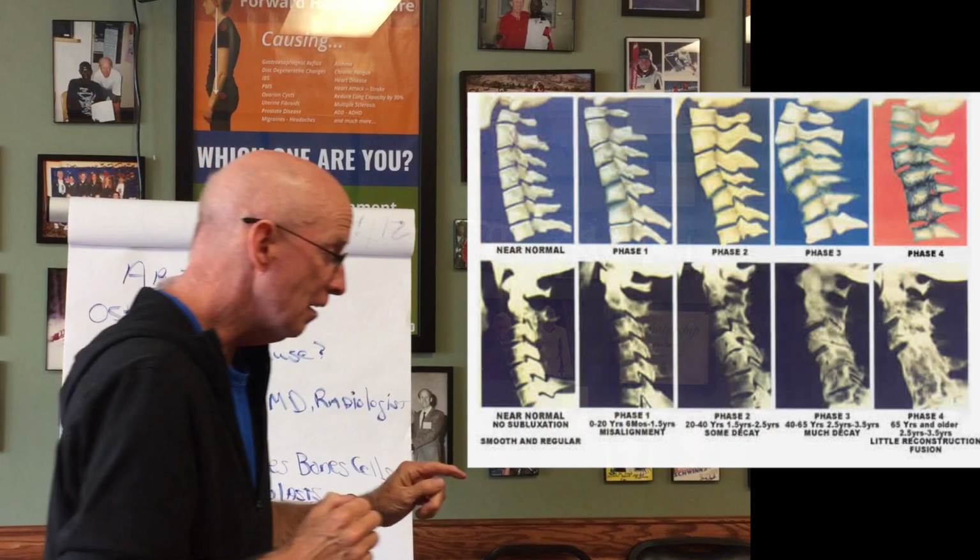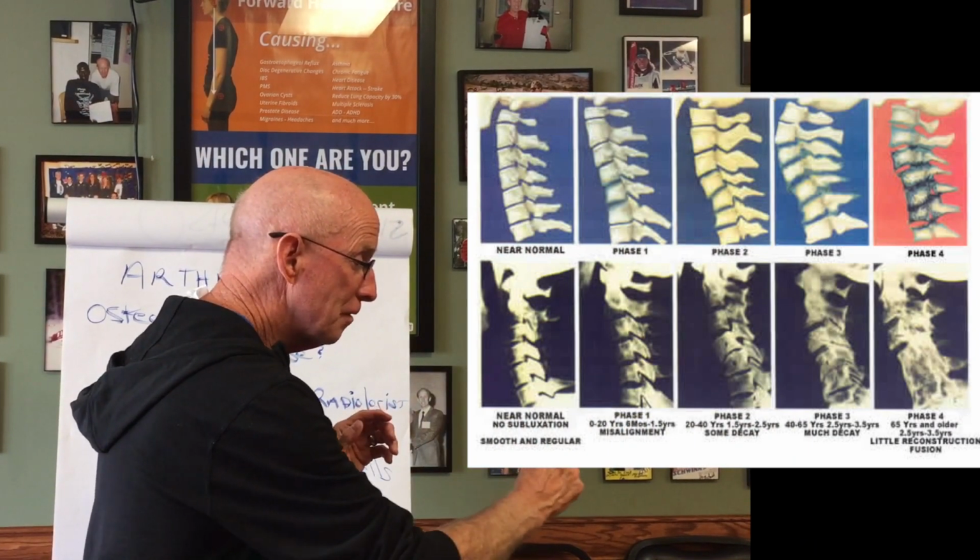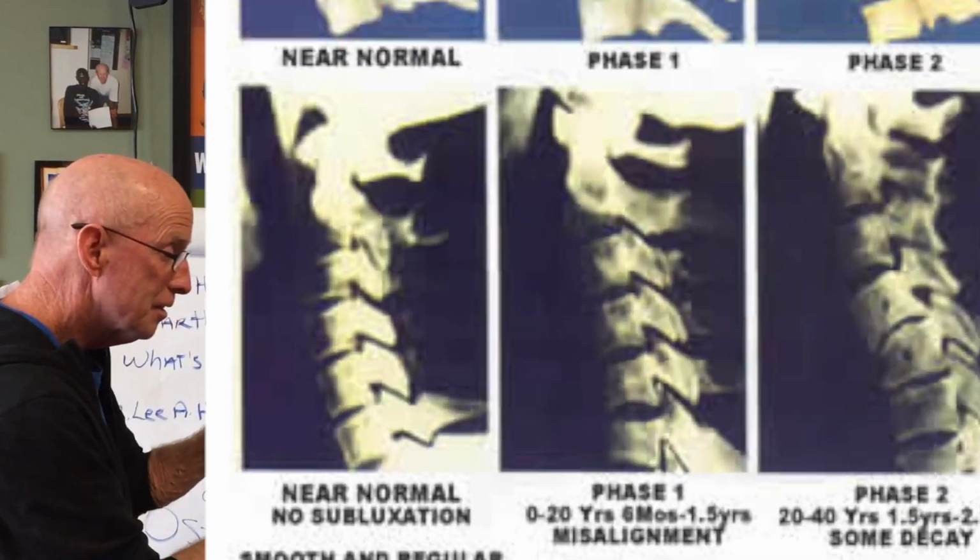And that's what we're seeing here on phase 1, 2, 3, and 4. Look at C4, 5, and then look at C4, 5 here. What do you see? You see this ratty, pointed bone degeneration, don't you? Well, that's actually, and ironically, the brain mobilizing osteoblasts to lay down bone, to immobilize that spine so the spine can't keep going further and further out of place and cause more damage to the spinal cord.